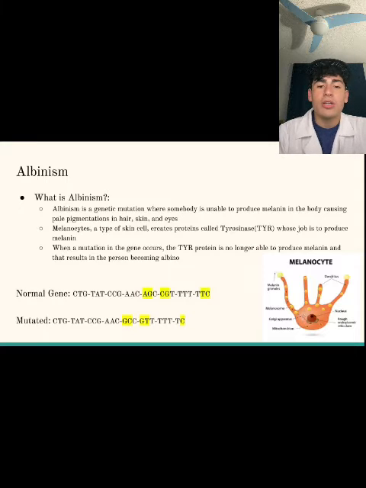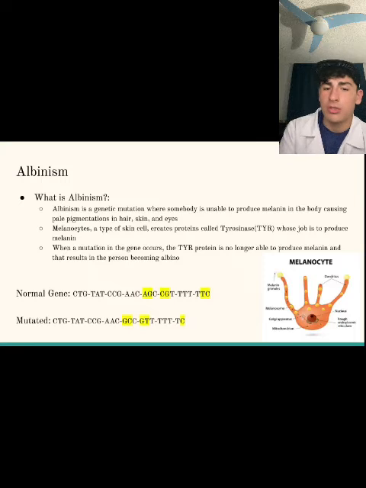And when a mutation occurs in this gene, the protein will no longer be able to produce melanin, and this will result in the person looking pale, which leads to albino. The normal gene, as you can tell, is right there, and when mutated, look at the highlighted segments, and it will be where the gene is changed and is no longer able to produce that melanin.